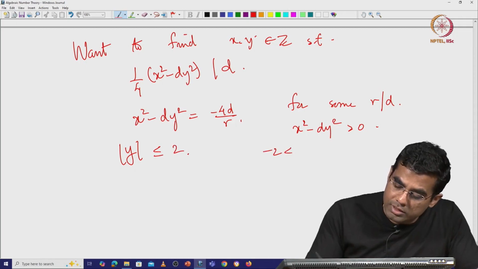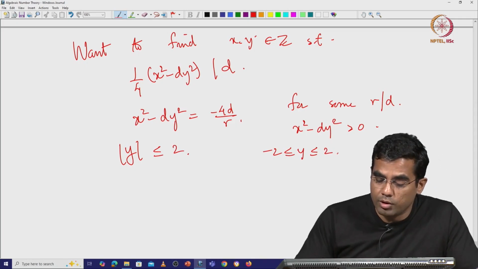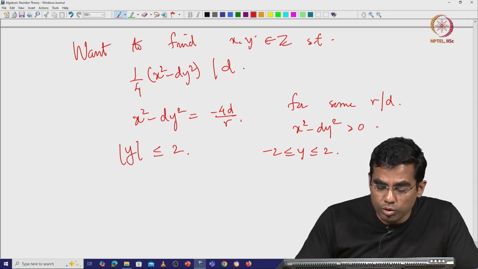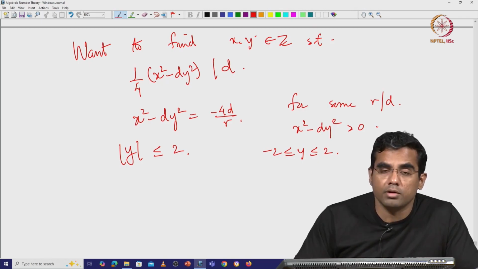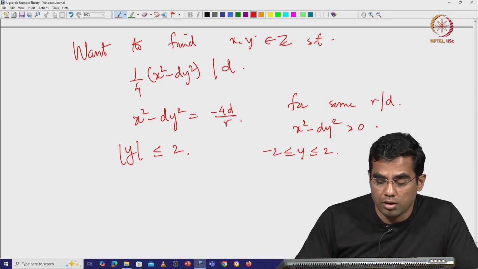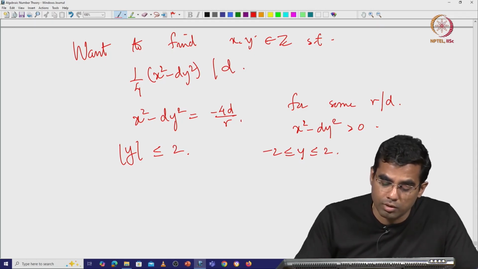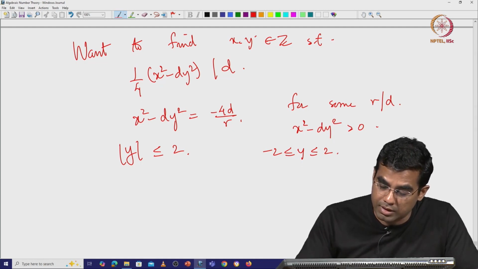So, minus 2 is less than or equal to y is less than or equal to 2, because if y is bigger than 2, then minus dy square will be bigger than minus 4d, which is already the quantity on the right hand side.